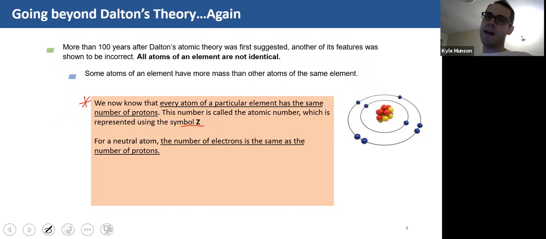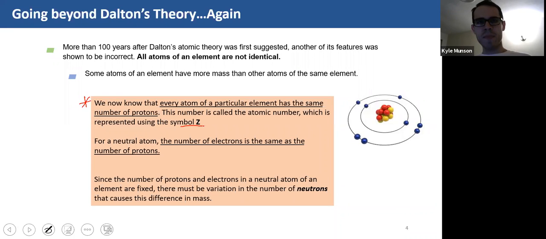And for a neutral atom, the number of electrons is the same as the number of protons. So if atoms of a particular element can have different masses, for example a carbon atom with a different mass than another carbon atom, and we'll see that in a second, what must be changing is the number of neutrons within the atom.